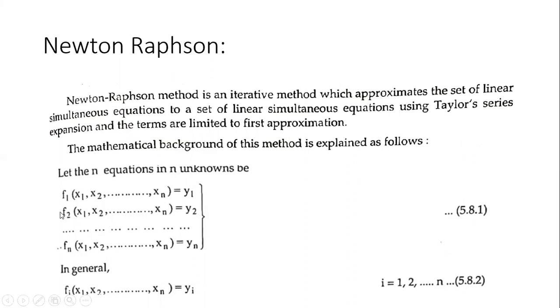Now the mathematical expression. Assume there are n unknowns, therefore f1 of x1, x2 and so on up to xn is equal to y1. f2 of x1, x2 and so on up to xn is equal to y2, and so on, fn of x1, x2 and so on up to xn is equal to yn.